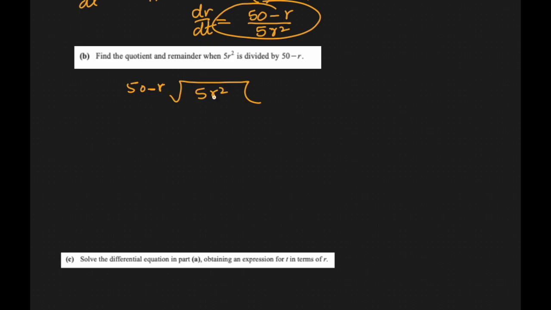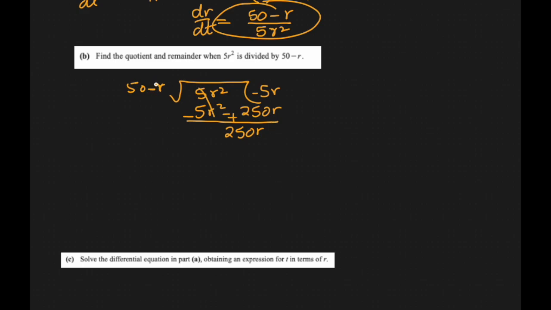So I will see what can I multiply this with. It will be minus 5r I multiply, so it becomes positive 5r square. And 50 also multiplies with minus 5r gives me minus 250r. I will subtract them now.